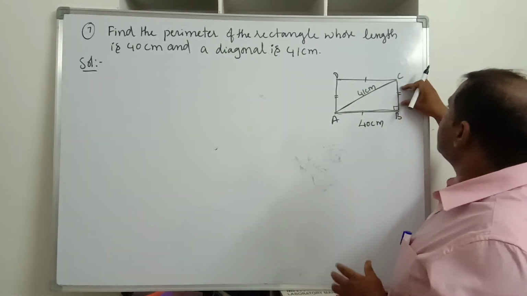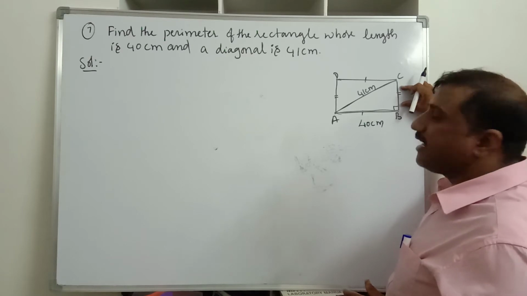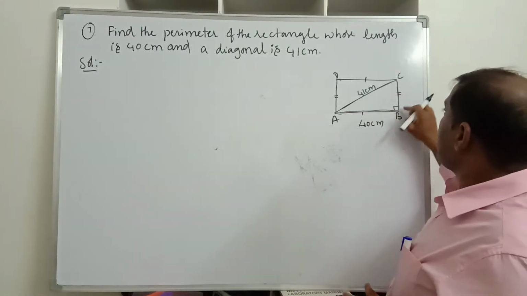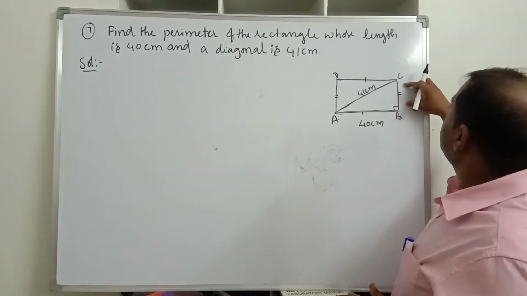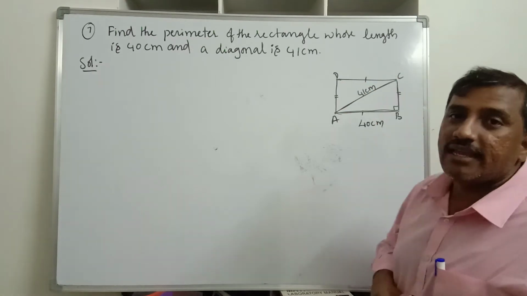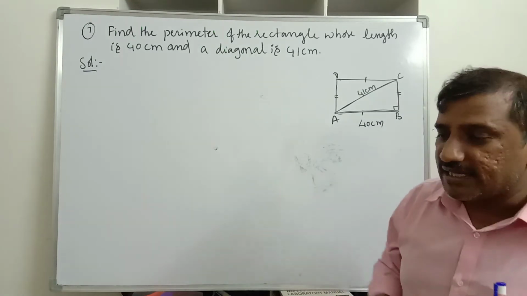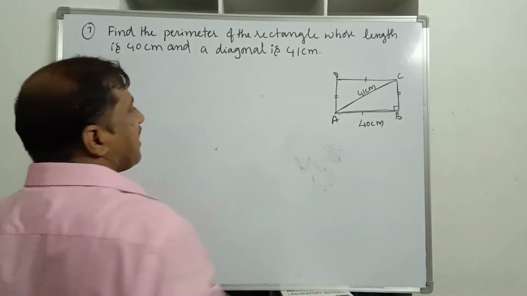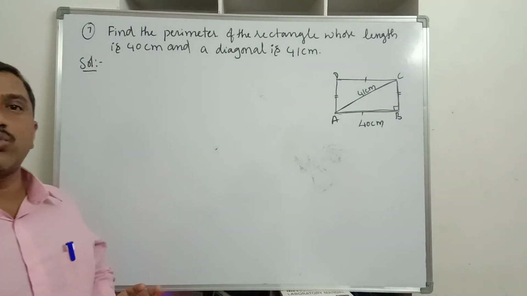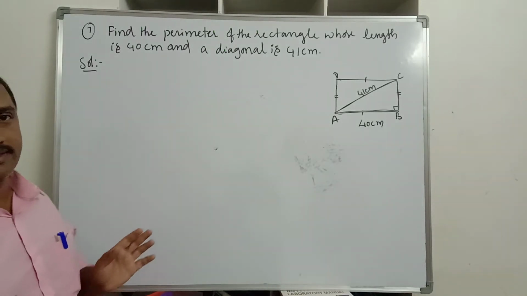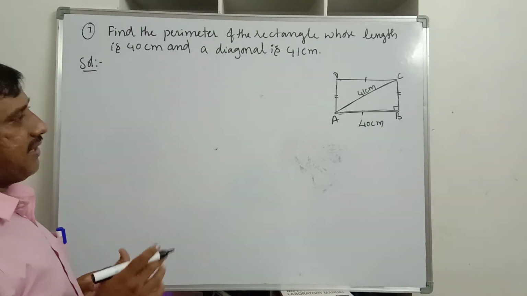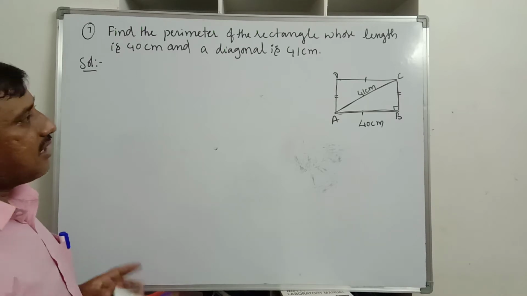BC is the third side of triangle ABC, and also the breadth of the rectangle ABCD. Once we find the breadth, apply the formula of perimeter of a rectangle, that is 2 into (L plus B). Clear, children? It is right.